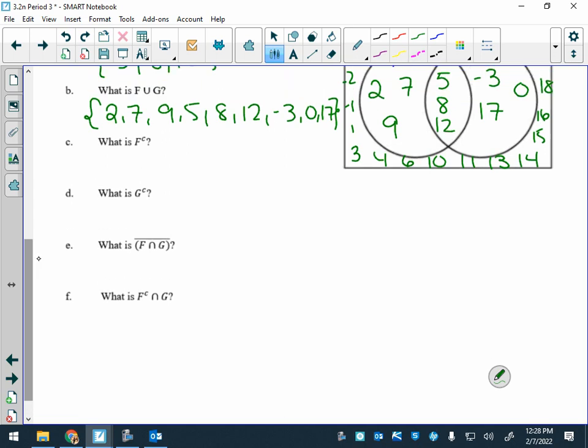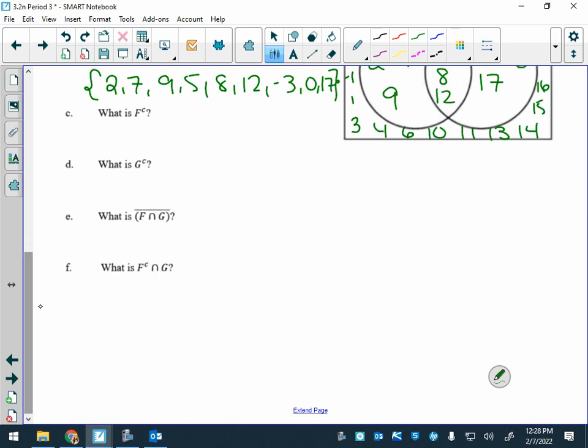So not in F and G, 2, 7, 9, -3, 0, and 17, and everything on the outside. Okay. And for the last one, what is not in F, but it's in G? Sam? Perfect. Okay. How many of you guys did get that right?